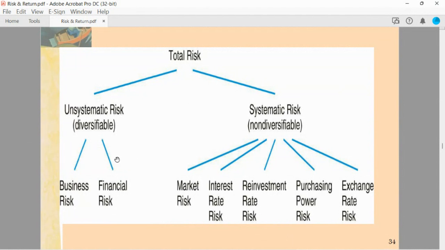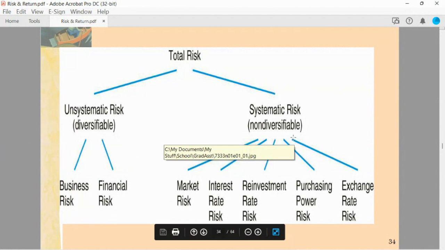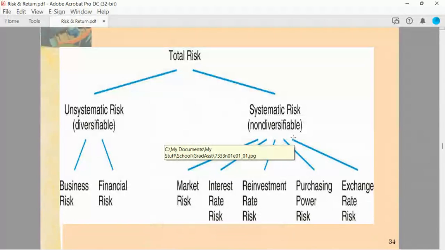If you construct a diversified portfolio, these unsystematic risks will go away. They say diversified away, right? Systematic risk is non-diversifiable. No matter how you diversify the portfolio, the systematic risk doesn't go away. Hence, it is non-diversifiable risk.